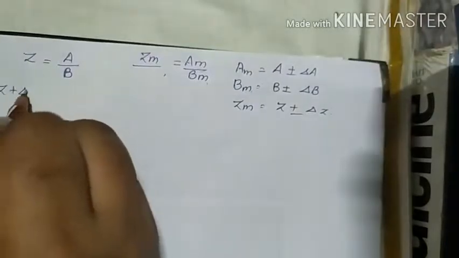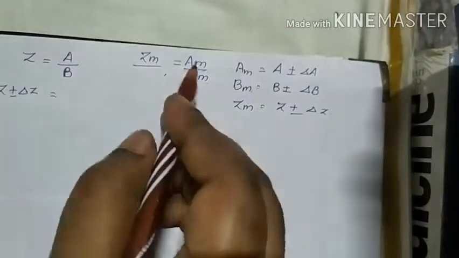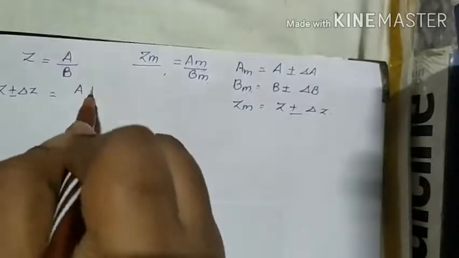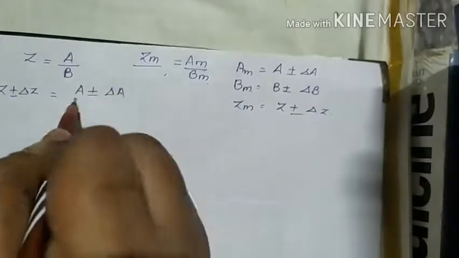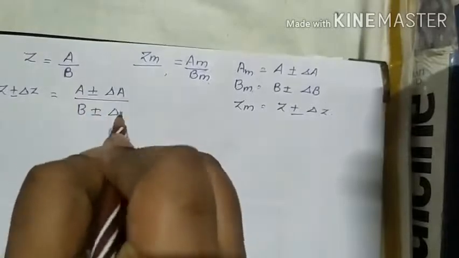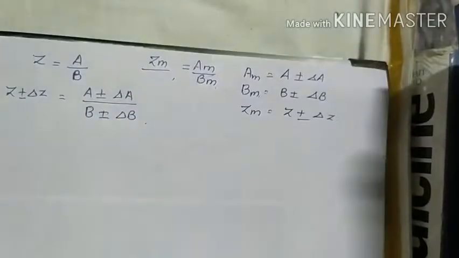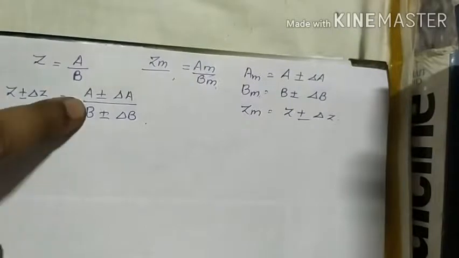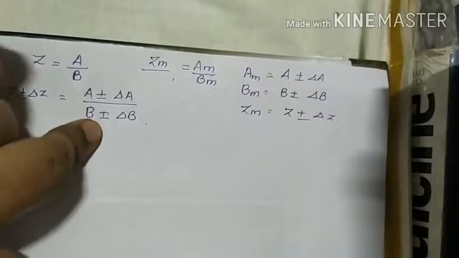So Z plus or minus delta Z is equal to Am, and just like the previous case, I am going to substitute. Divided by, in place of Bm, I am going to write B plus or minus delta B. Clear? Now here you are doing an extra job.